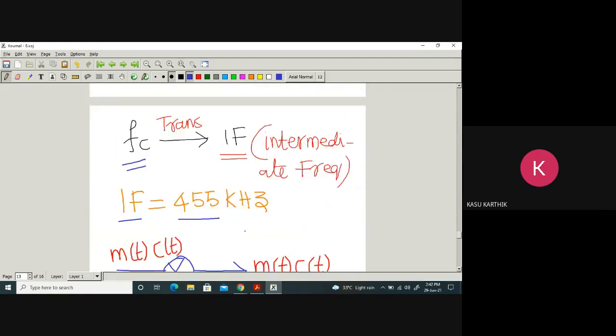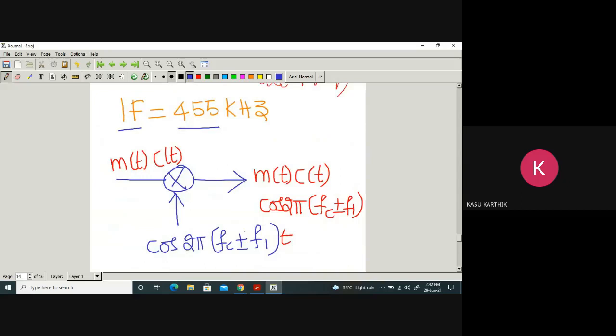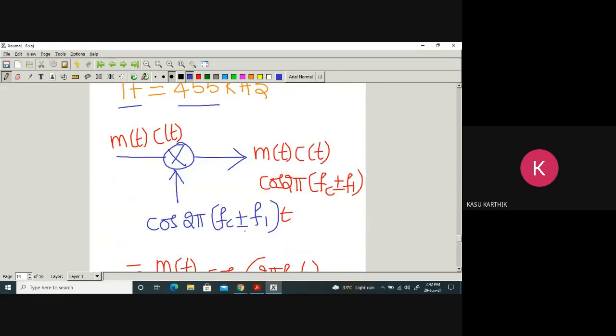What do I do again? I multiply with what? Let me take this frequency and call it F1, only for explanation purposes. I take M of t into C of t, and again multiply with cos 2 pi (Fc plus or minus F1)t. I'm taking both plus and minus signs, so bear with me.